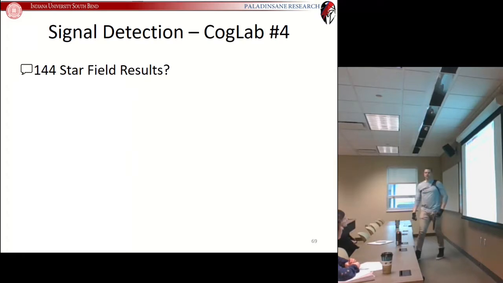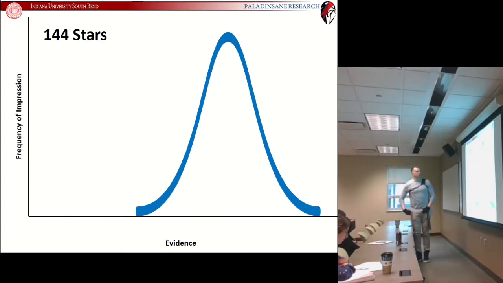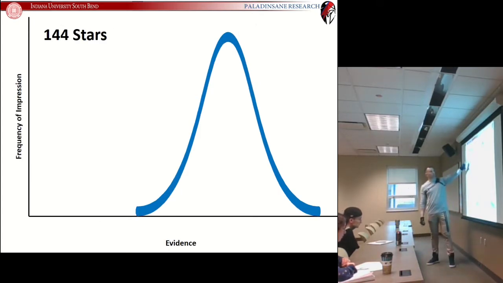All right, so what happened in the results? How good were we at detecting this target, or correctly saying no, the target is not there? So for 144 stars, the way that signal detection theory works, it has mathematically complex equations behind it.